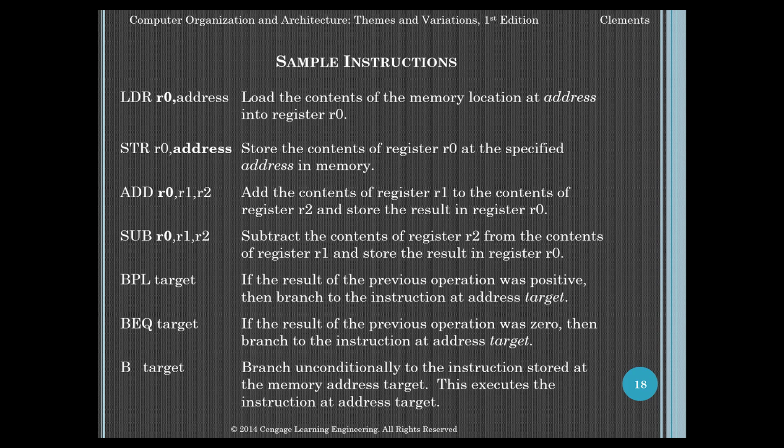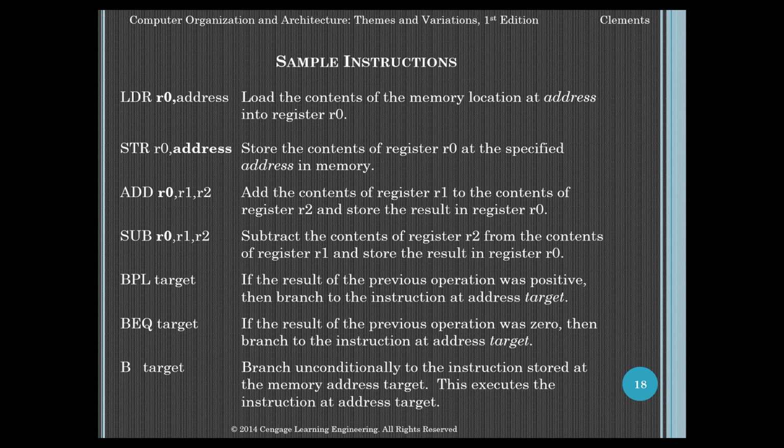BPL and then a target. BPL basically says if the result of the previous operation was a positive value, then we're going to branch. And so it's like an if statement. So it looks at that target, which in this case, maybe we did an add into R0. And if we want to know if that's positive, then we're going to branch to an instruction.